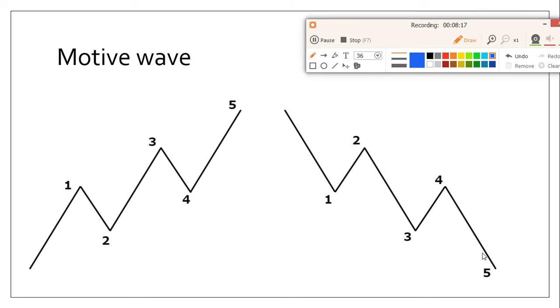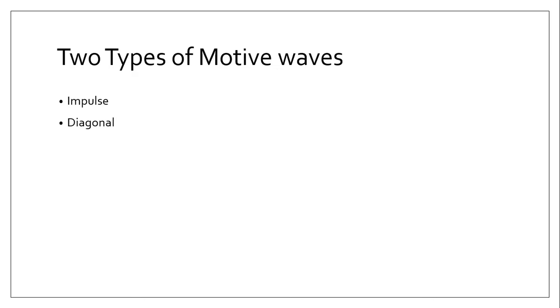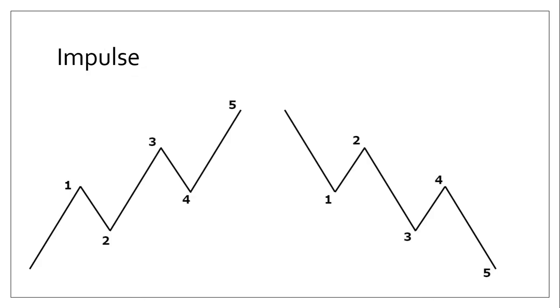So we're going to go through the rules, and as we go through the rules, we're going to let the rules help us build what an ideal impulse should be according to the rules on TradingView. So remember, I said there are two types of motive waves. We have an impulse and diagonal.